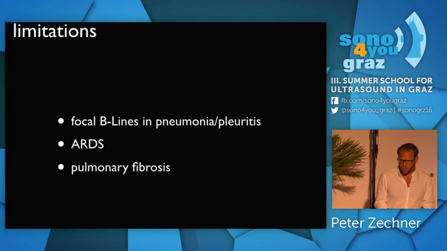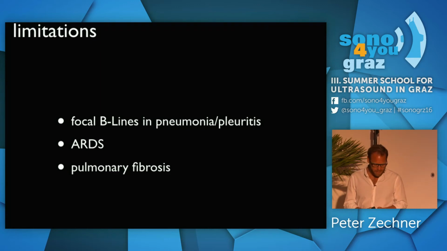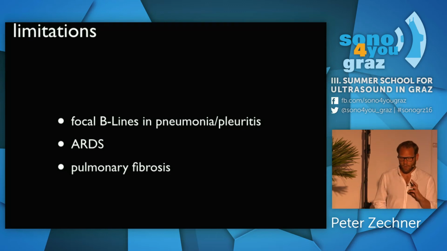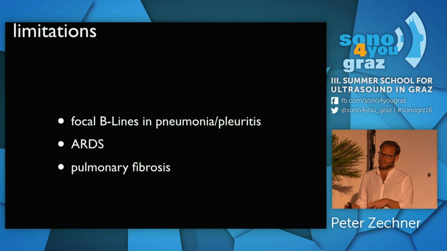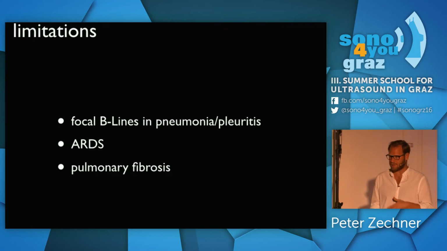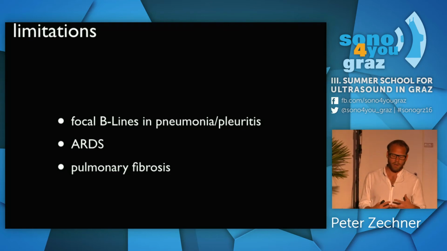In patients with acute respiratory distress syndrome, we also sometimes find a lot of B lines on the entire chest wall, but these patients are normally not getting into the emergency department, they are normally on an intensive care unit for a long time, so you normally already know what the problem of the patient is.